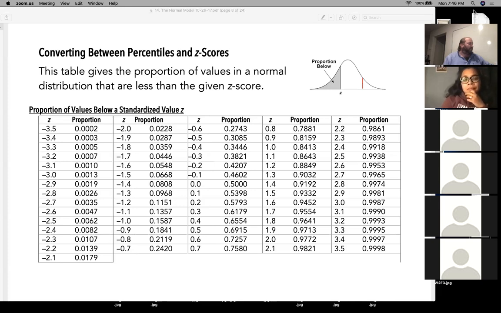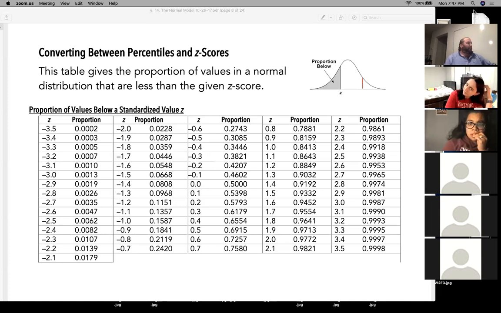Let's talk about something a little bit beyond that, which is the 68, 95, 99.7 rule. It says that if you go 1 deviation in either direction, what percent is going to fall in that region? 1 deviation left, 1 deviation right, what percent? That's 68% of the data.